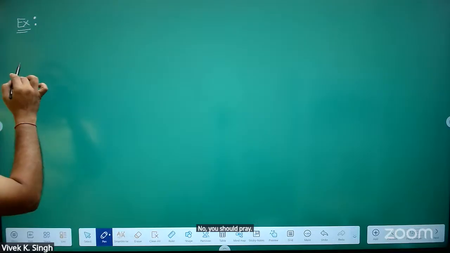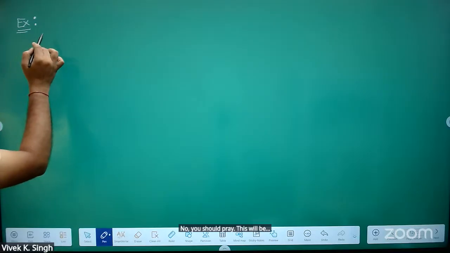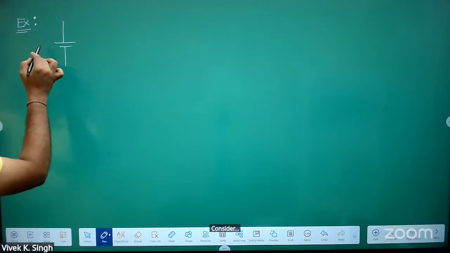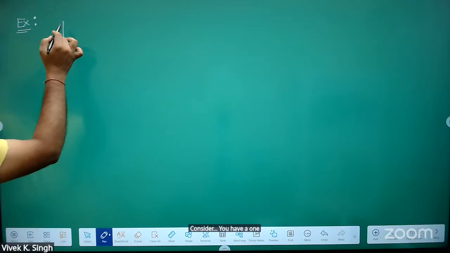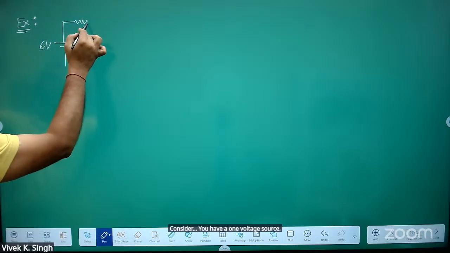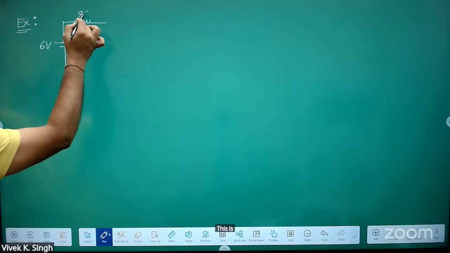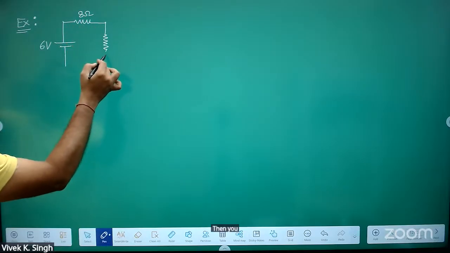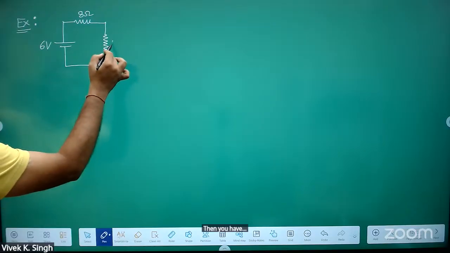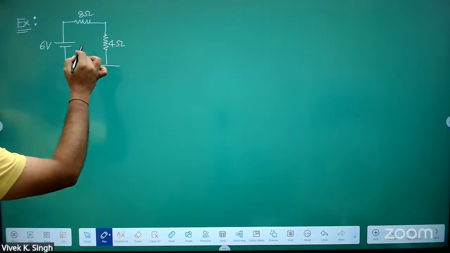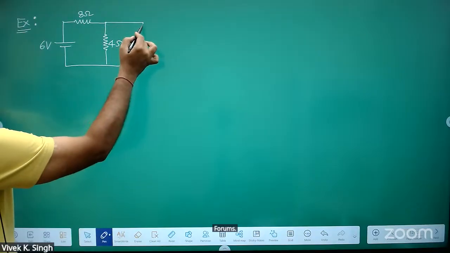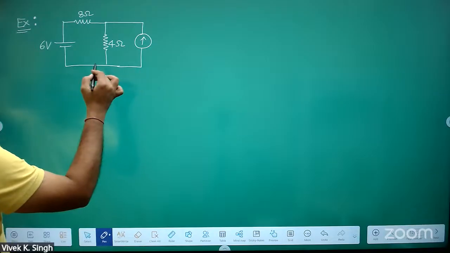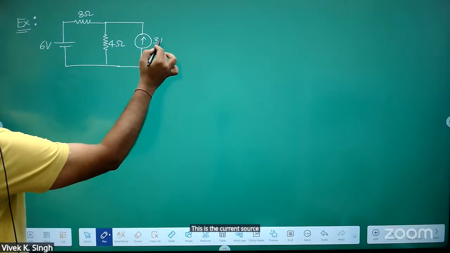Consider you have a one voltage source. This is 8 ohms. Then you have 4 ohms. And then this is the current source having 3 ampere of current.